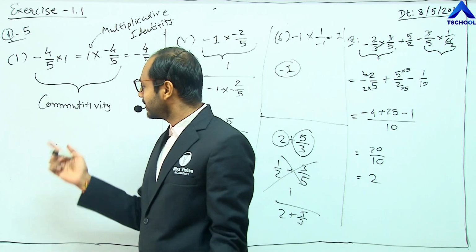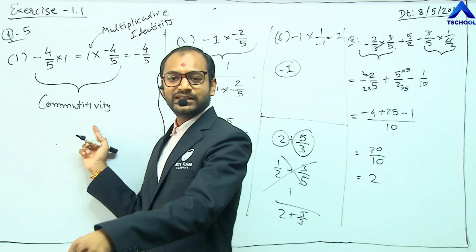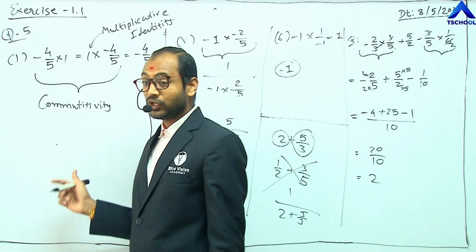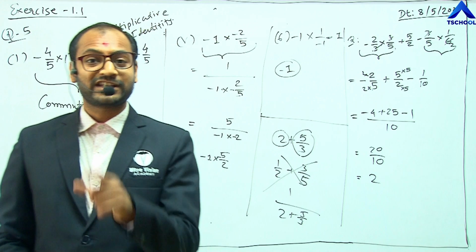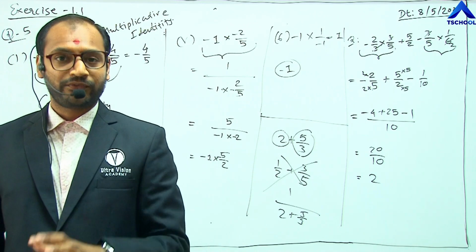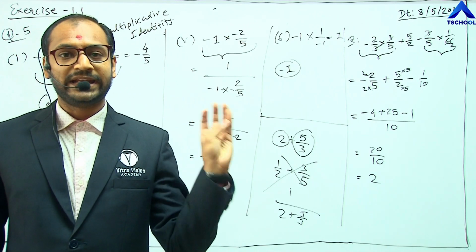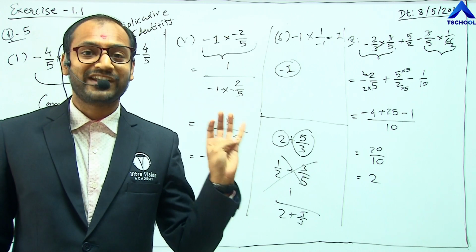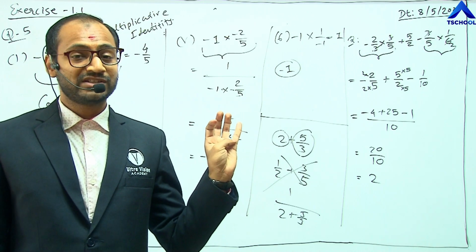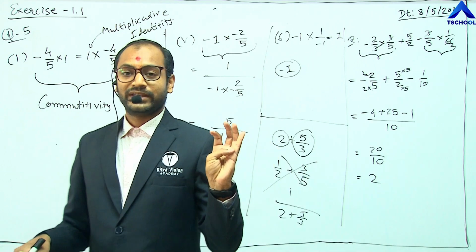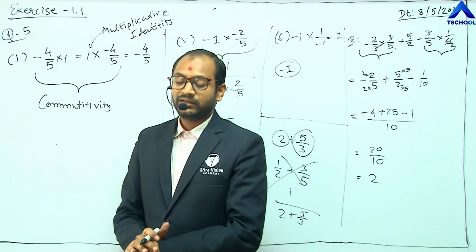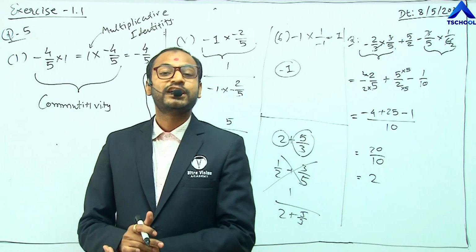So again we used the commutativity law in the second one, because we know that multiplication is commutative for any type of number: whole numbers, integers, as well as rational numbers. These are rational numbers. So we can say the given equation is commutative.